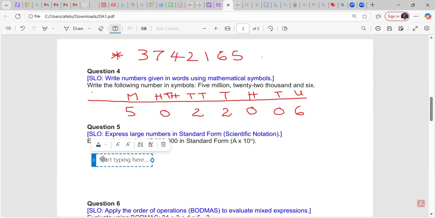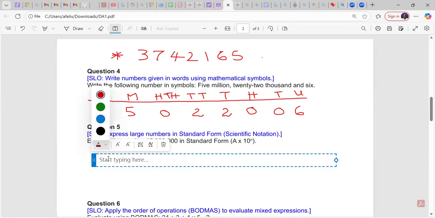So let's do it. So that number up there, 3,742,165.